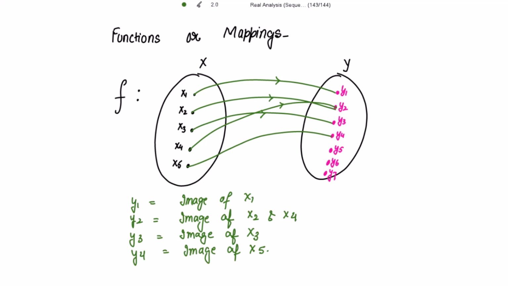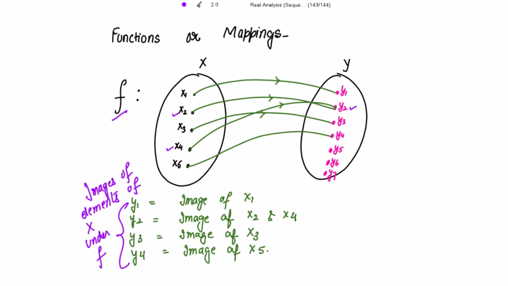Different elements of X may have the same image in Y. In this case, x2 and x4, these two have the same image in Y, that is y2, right? But an element of X cannot have more than one image in Y. If y1, y2, y3, y4 are called the images of elements of X under f, then what are x1, x2, x3, x4, x5 called?